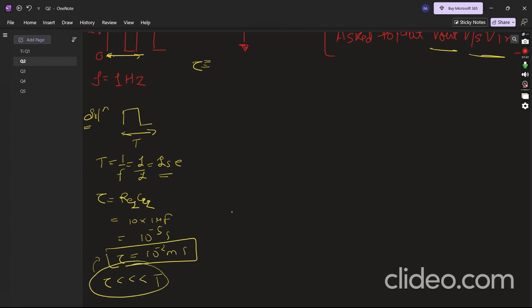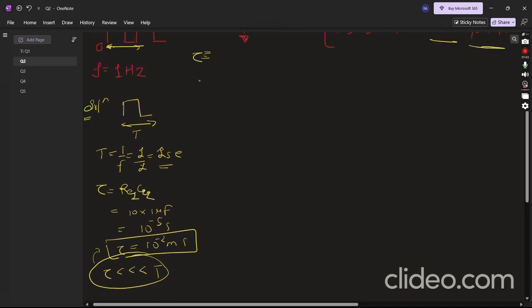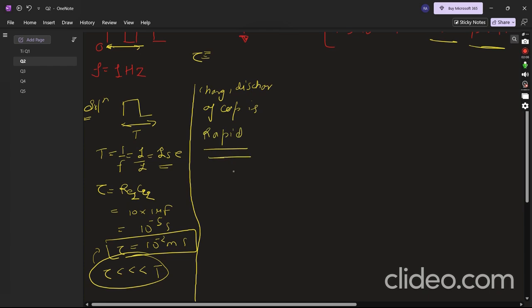So this is a good sign. This type of question is easier to solve. It means the charging and discharging of the capacitor is rapid.